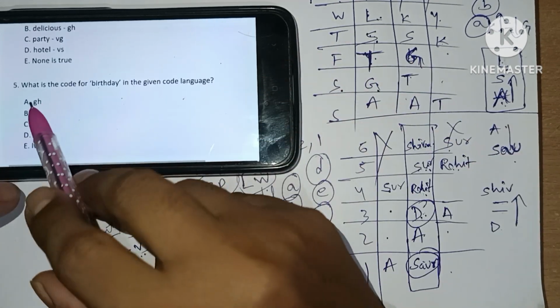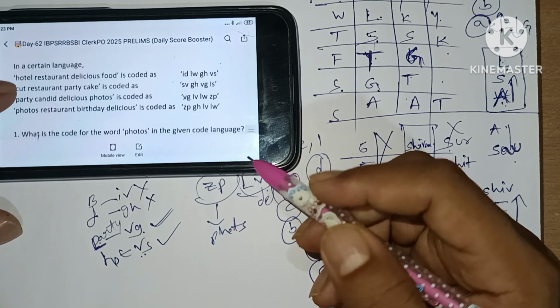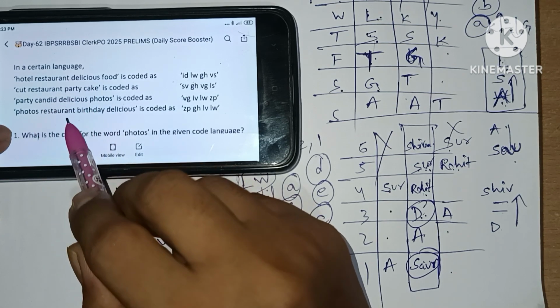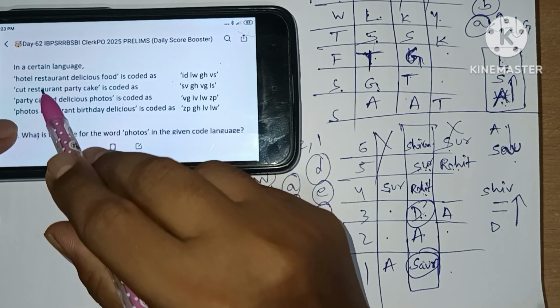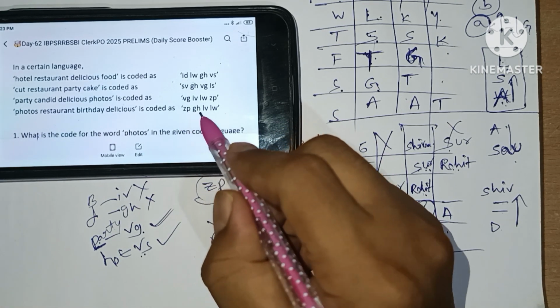Let's see the further question. What is the code for birthday? Here birthday is here only and there is no common birthday. Photos is common, restaurant is common, delicious is also common. So we see GH.